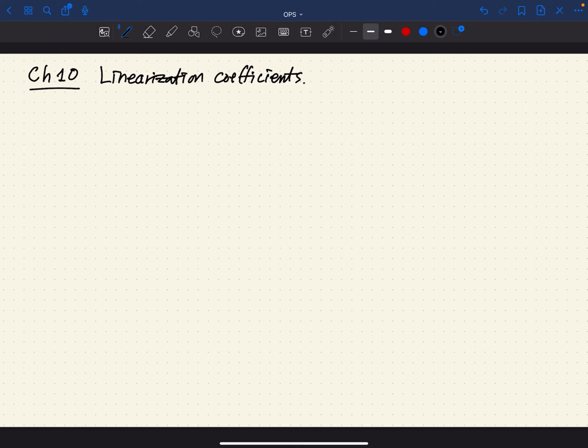Yeah, so we are now at the final chapter. It's about linearization coefficients. The linearization coefficients are an important quantity in the following sense.